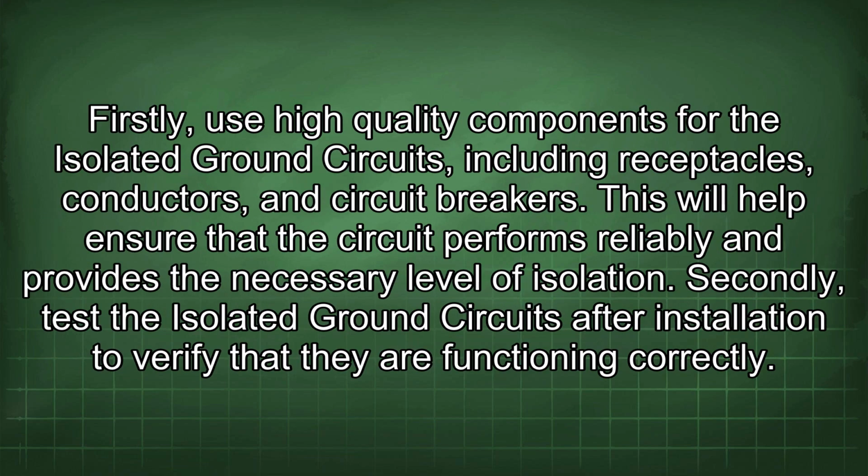Firstly, use high-quality components for the isolated ground circuits, including receptacles, conductors, and circuit breakers. This will help ensure that the circuit performs reliably and provides the necessary level of isolation. Secondly, test the isolated ground circuits after installation to verify that they are functioning correctly.